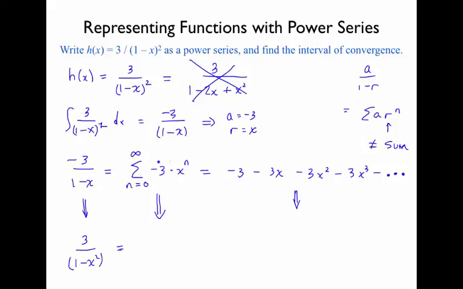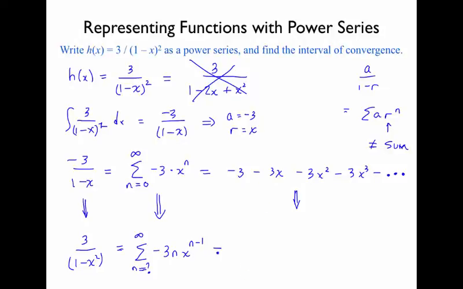Okay, and so we can just take the derivative of that thing right there. I like to hold off on where n's going to start. But what's the derivative of -3 times x to the n? -3n x to the n minus 1.